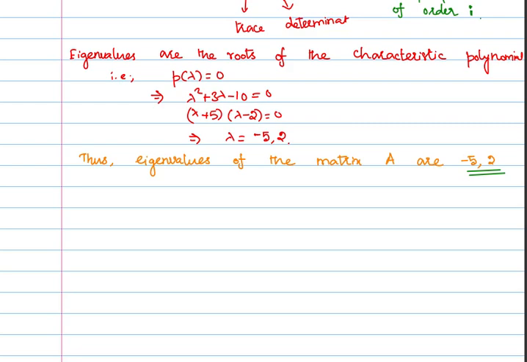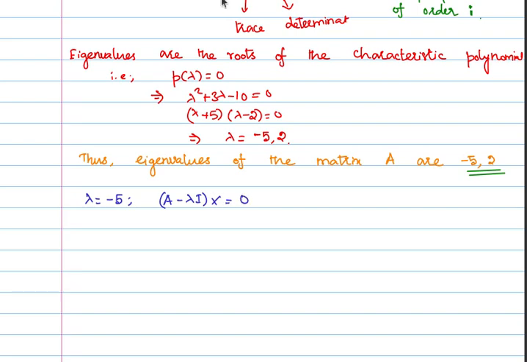Our next aim is to find the corresponding eigenvectors. First, lambda equal to -5. How can we find it? The eigenvector satisfies A minus lambda I times x equal to 0.